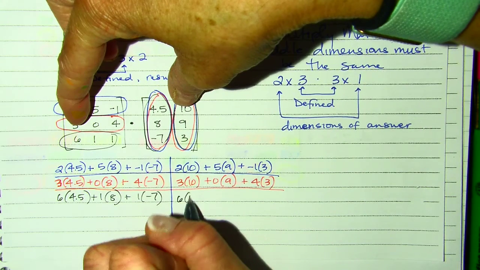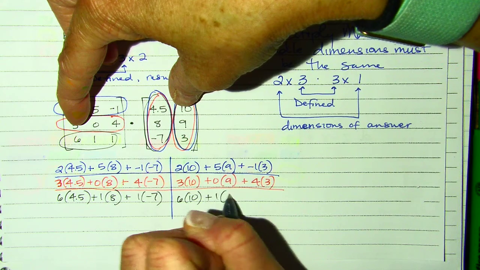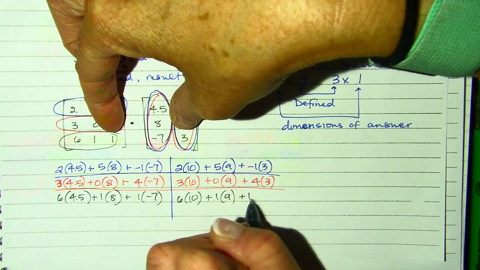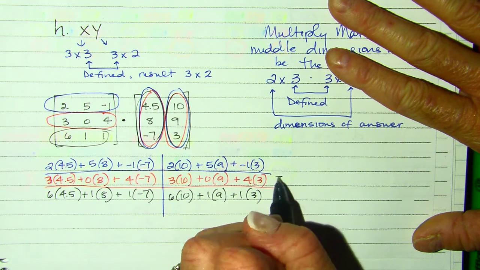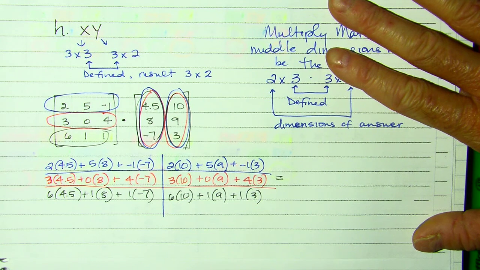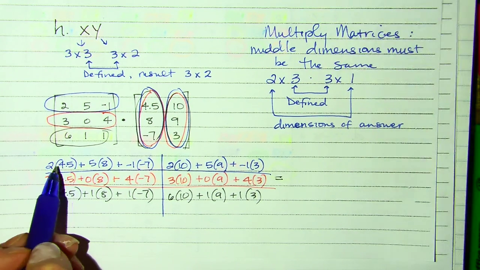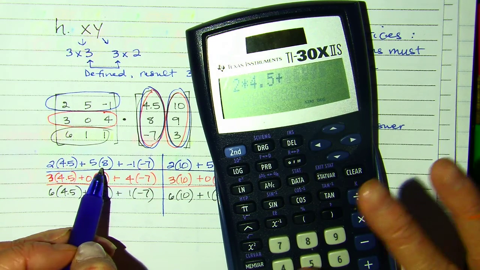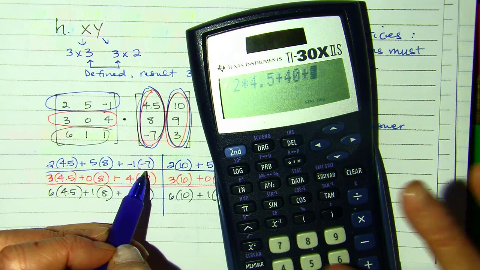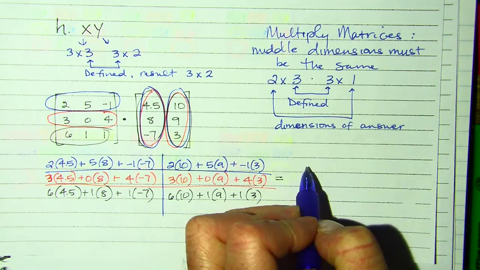So 6 times 10 plus 1 times 9 plus 1 times 3. And then I'm going to simplify each element. So 2 times 4.5 plus 40 plus 7. And I get 56.